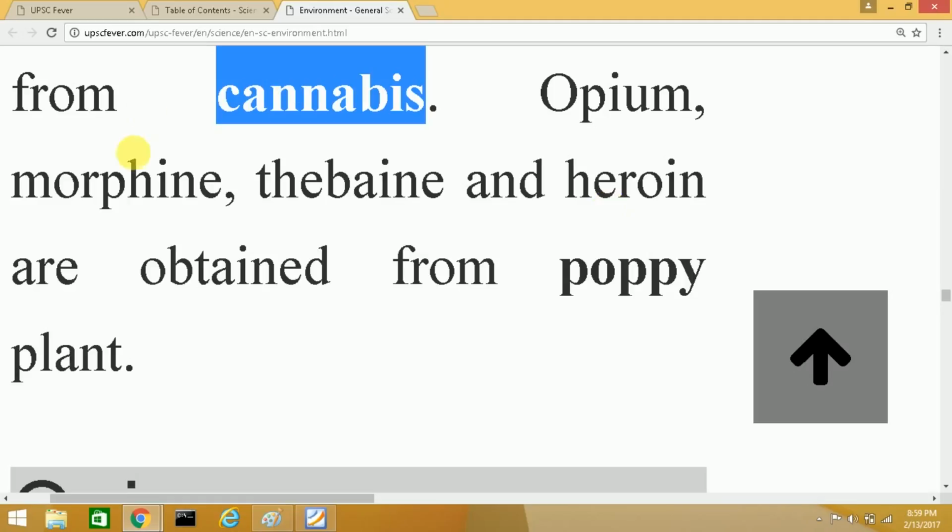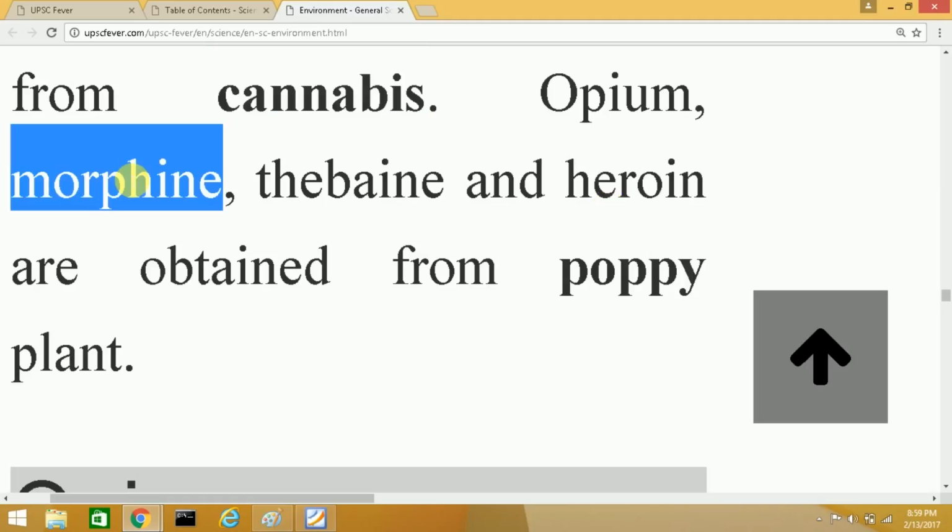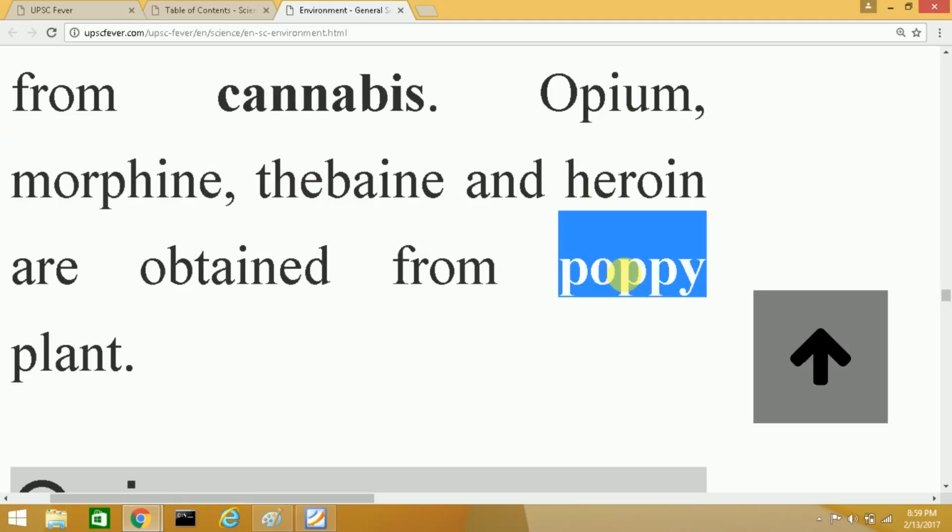Morphine is also used as a painkiller, so it is an extreme painkiller. Usually we see that in a war when soldiers are injured, morphine is administered to them. These four are obtained from the poppy plant, whereas agriculture of poppy plant has been allowed in India, but a license is needed for that.